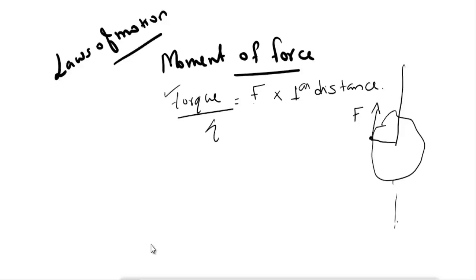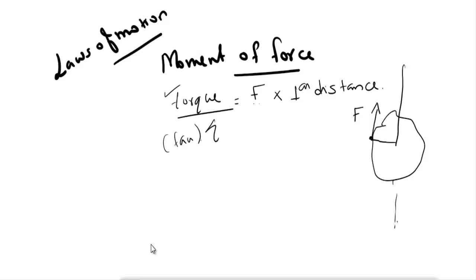Torque is represented by the letter tau. So, torque is the product of force and perpendicular distance from the axis of rotation.